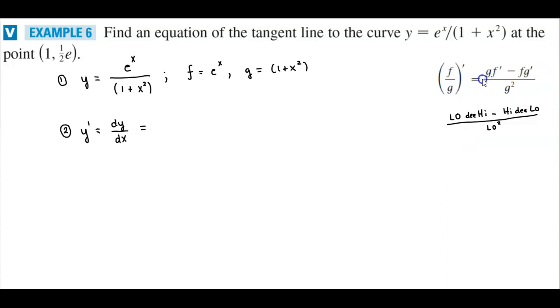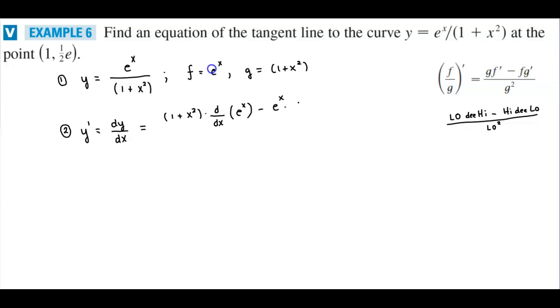Well, the low represents the function g. So g represents 1 plus x squared. So we have 1 plus x squared. And then we're going to multiply that by the derivative with respect to x of the function f, which is e to the x. And then it's going to be minus. Now we're going to take the numerator, which is the high part, which is f, and f is e to the x.